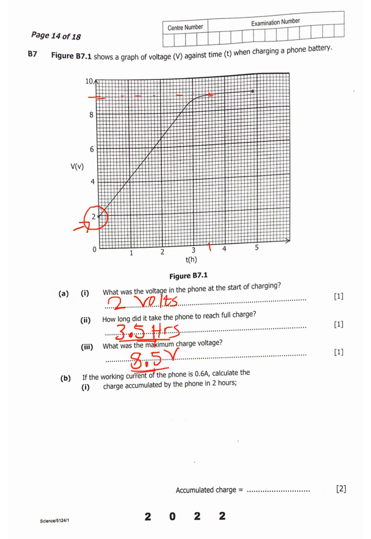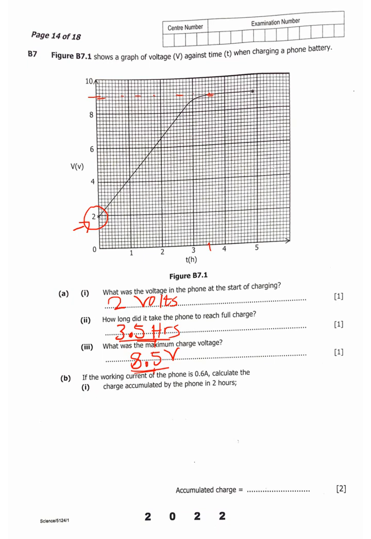From 8.5 volts, if we remove the 2 volts that the phone had before being plugged in, the amount of charge the phone got is about 6.5, because there was 2 volts before plugging in this particular phone. Okay, now let's move on to question B.